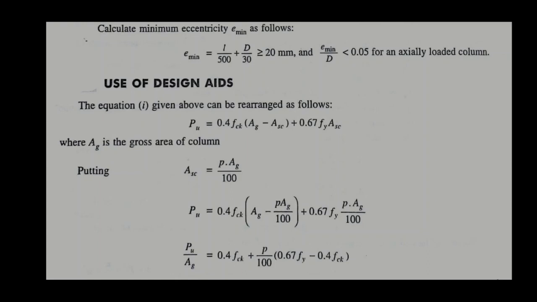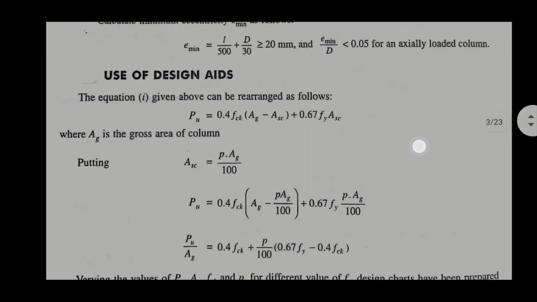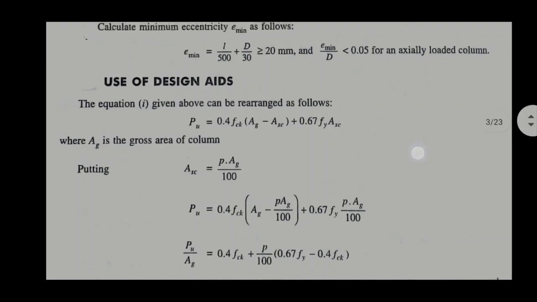Now putting Asc equals p into Ag by 100, Pu will be equal to 0.4 fck within bracket Ag minus p Ag by 100, plus 0.67 fy into p into Ag by 100. So Pu by Ag equals 0.4 fck plus p by 100 within bracket 0.67 fy minus 0.4 fck. So we can rearrange like this.